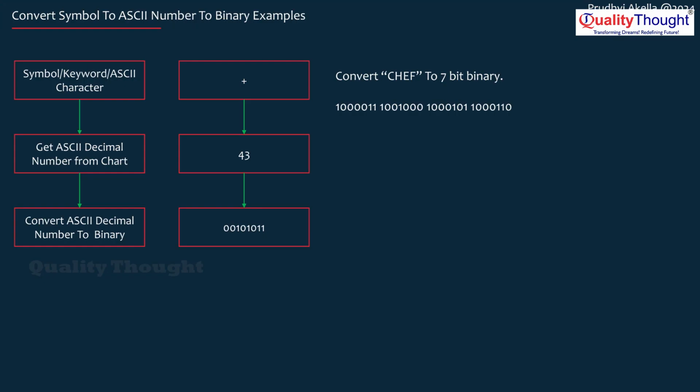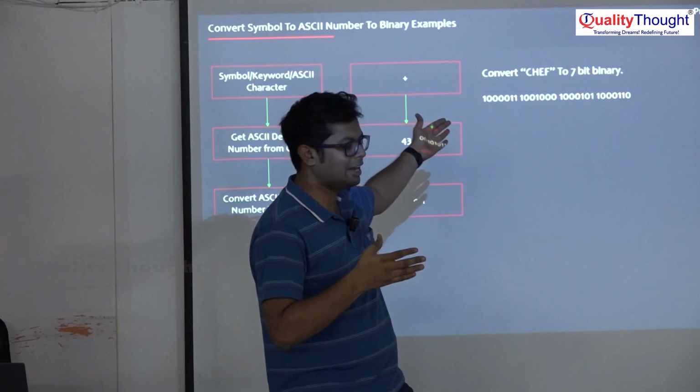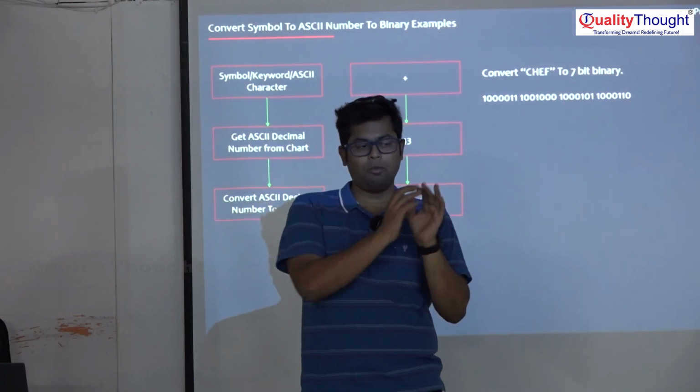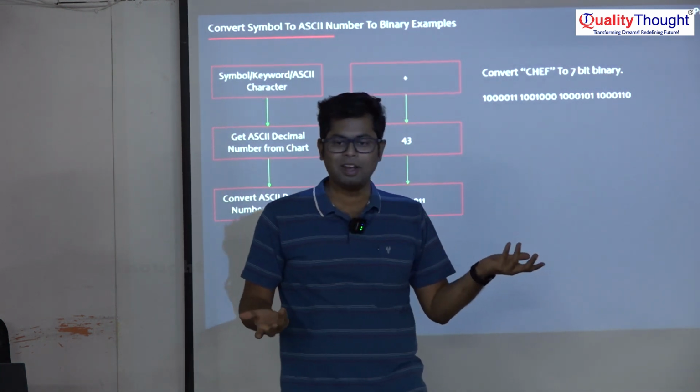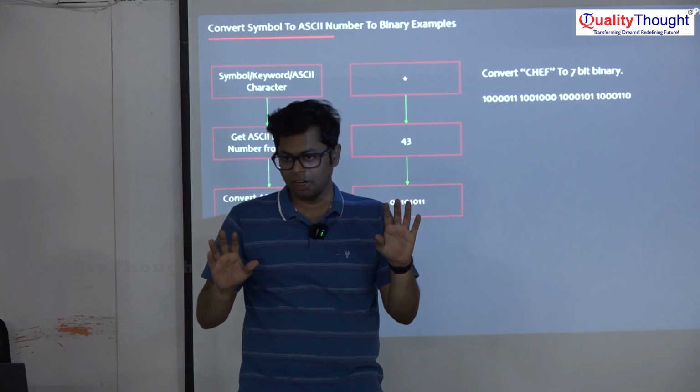So the most granular memory unit of a computer is the byte. How many bits is 1 byte? 8 bits is 1 byte. But how many bits do you get for your ASCII character? 7 bits. Whatever remaining bit you have is 0. It doesn't have any value. Are you guys following?